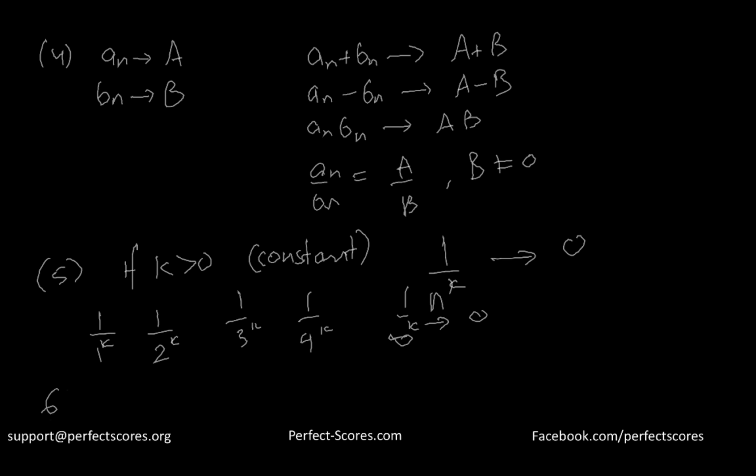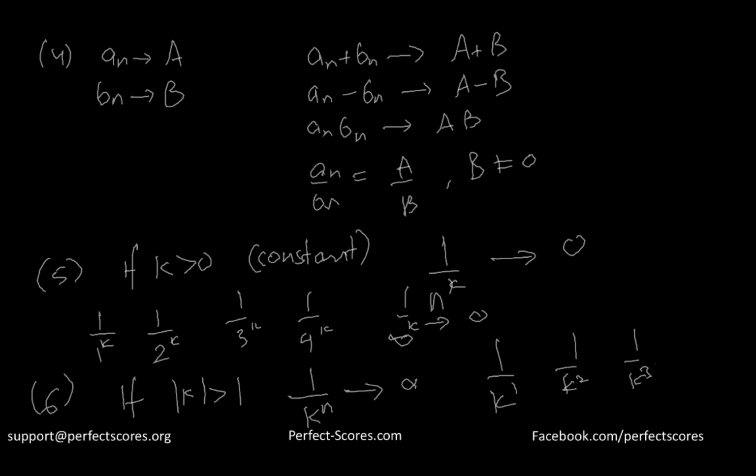Another rule is that if the absolute value of k is greater than 1, then 1 over k raised to the power n will converge to 0 also. Because 1 over k raised to the power 1, 1 over k raised to the power 2, 1 over k raised to the power 3, that is going to converge to 0. I hope you're getting this point here, guys. I hope you're understanding this. That's pretty easy. Just make sure that you keep this in your mind.